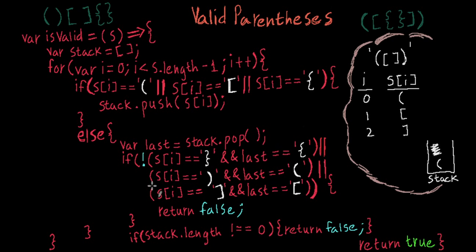So then when s of i is a closing parenthesis, I expect the top of my stack to be the corresponding opening. Here, s of i is a closing square bracket, right? Our index 2, it's a closing square bracket.